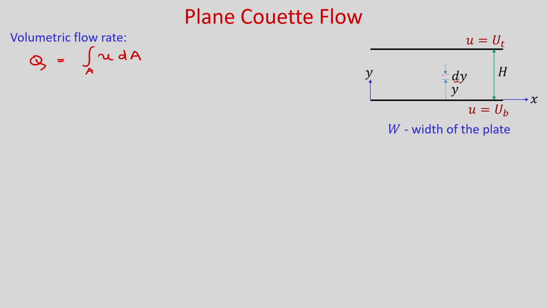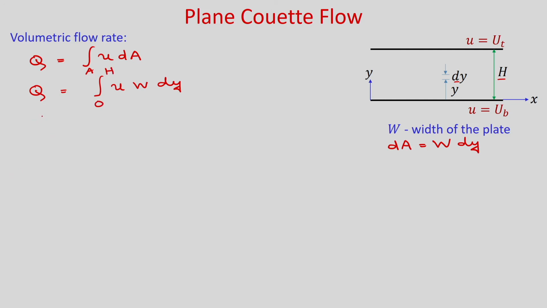So, the elemental flow area dA is w into dy. Now we can write Q is equal to the integral of u w dy, where y will vary from 0 to h. Then you will be able to find Q.